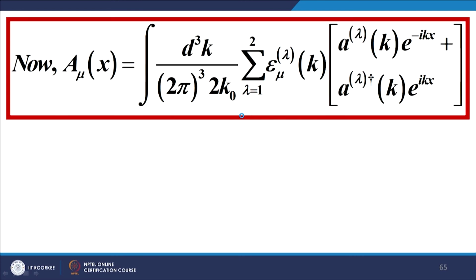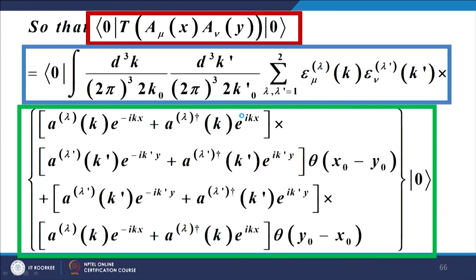Now you would recall that we had obtained the expression for A mu of x earlier in this lecture in the form that is given in the red box here, in terms of the free waves, e to the power ikx and e to the power minus ikx, with the polarization vectors. So what do we have?